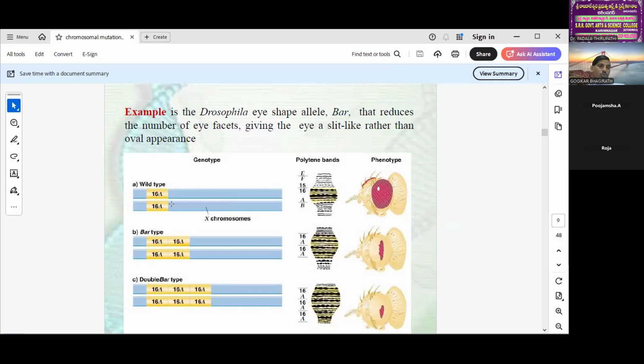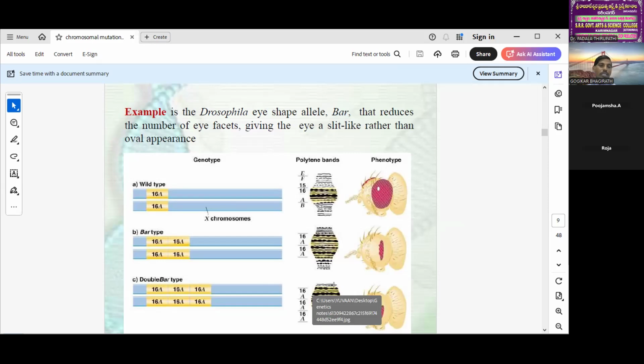When these two chromosomes undergo duplication, see here, the 16A part is duplicated in this chromosome. The shape of the eye looks like a slit model. In the double Bar type, the 16A region of the chromosome is repeated in the haploid complement thrice: 16A, 16A, 16A.